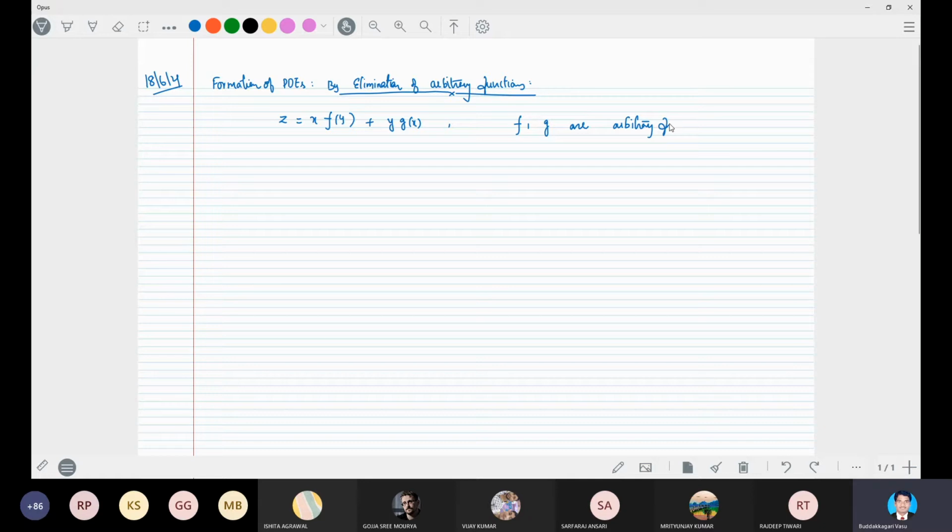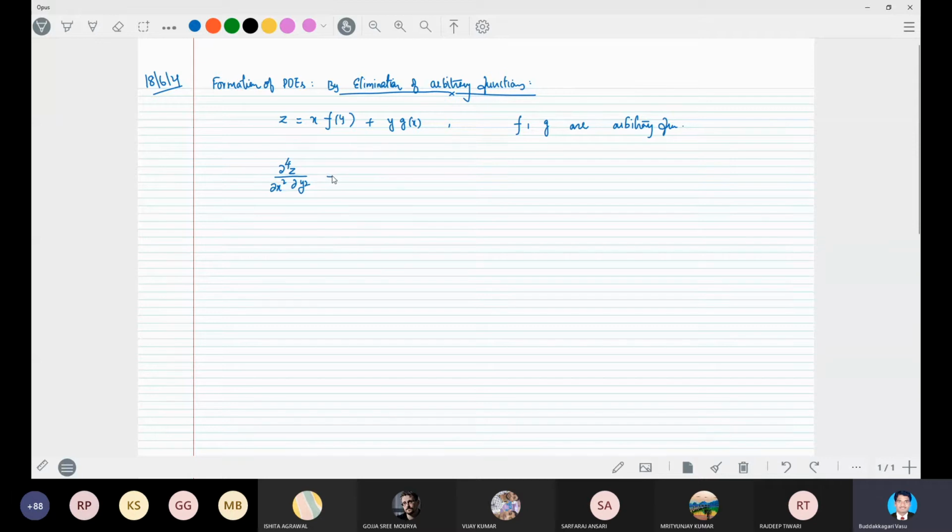So that is obvious. Now let's look at here. For elimination of the arbitrary functions, this equation has been differentiated and it will give you, it's very clear, ∂⁴z/∂x²∂y².